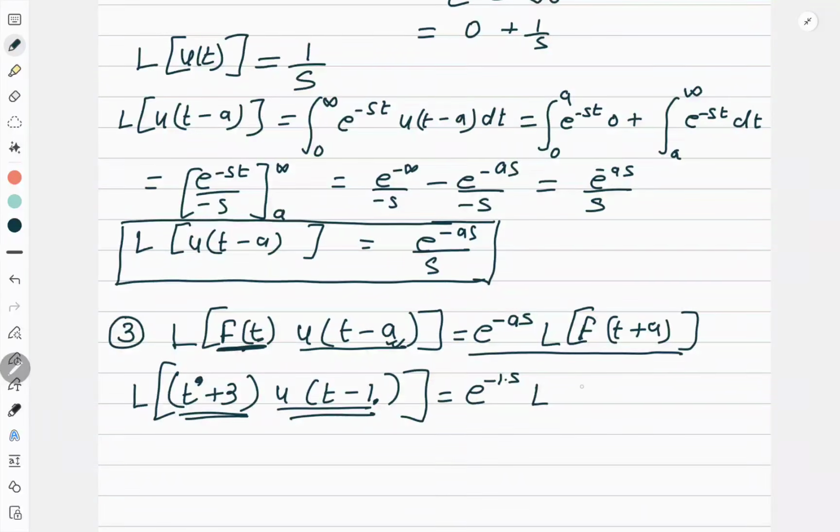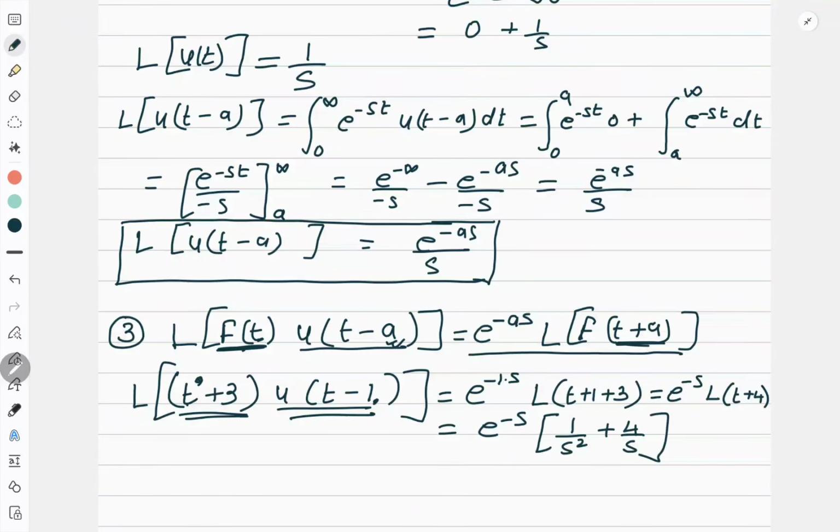Then Laplace transform of the function. Function is what? t plus 3. So in place of t, you have to write t plus a. A is what? 1. So t plus 1 plus 3. So now this will be equal to e to the power minus s and Laplace of t plus 4. So what will be the answer? Answer will be e to the power minus s. Laplace of t is 1 by s square plus 4 by s. So this will become the answer.